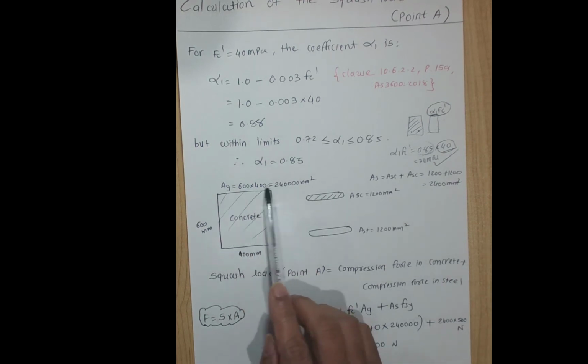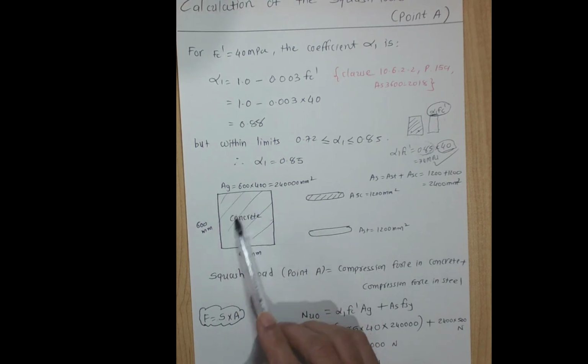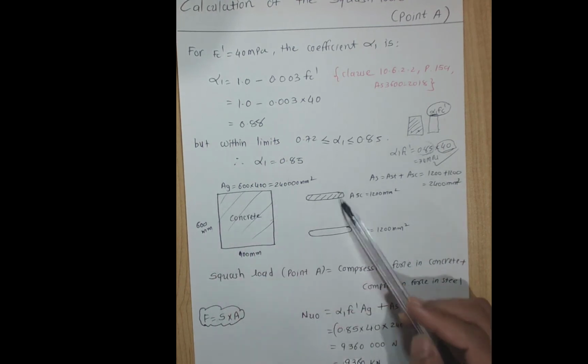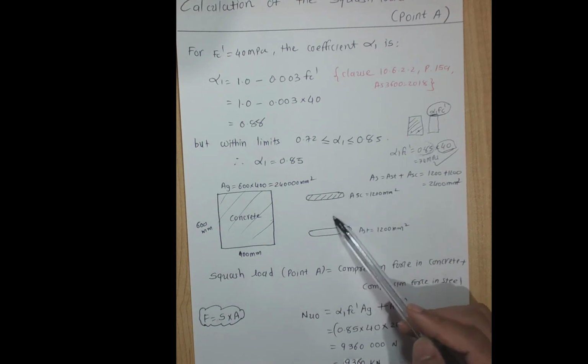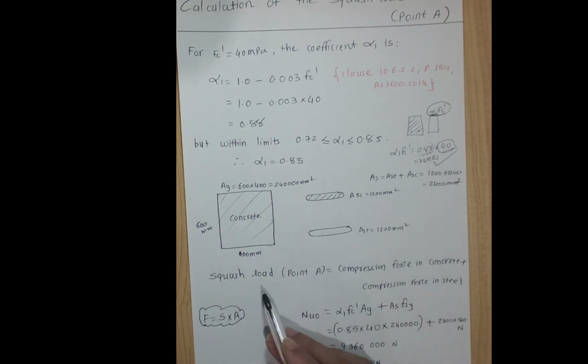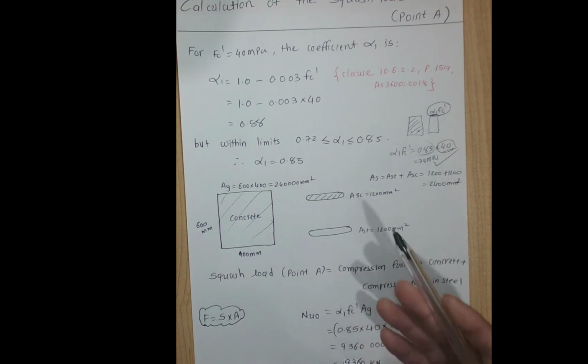Now we need to calculate the area of the concrete. That's 600 by 400, easy calculations. The area of the steel is also 1200 plus 1200, 2400. Now when you have no bending, and you are only calculating the load, which is your force, it is quite easy, because the concrete will contribute to carrying the load and the steel will also carry the load.